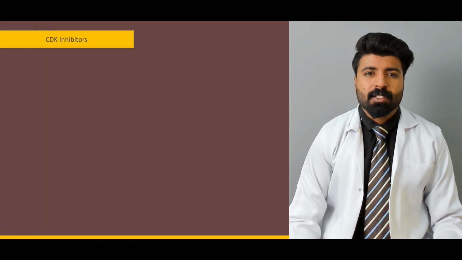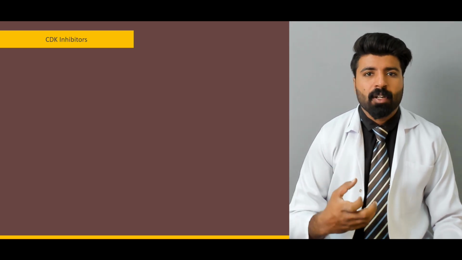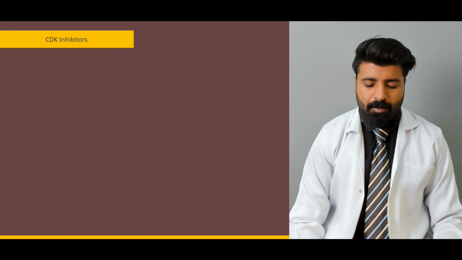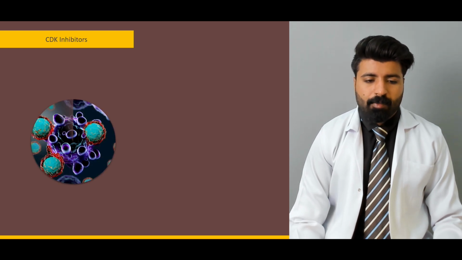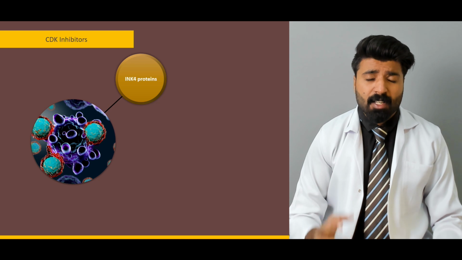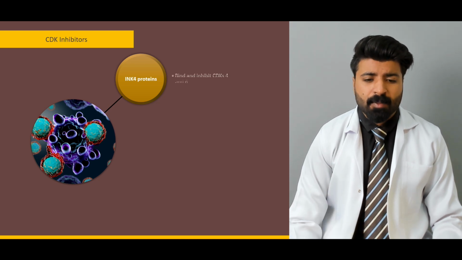Next, we have CDK inhibitors. Now, cyclin-dependent kinases, we learned, take cyclins and act on them, and they're the positive regulators. Now, how is a cyclin-dependent kinase inhibited? First of all, it's going to be INK4 proteins. They are the inhibitors of cyclin-dependent kinases.